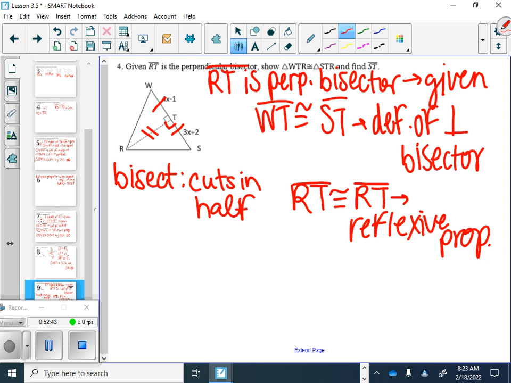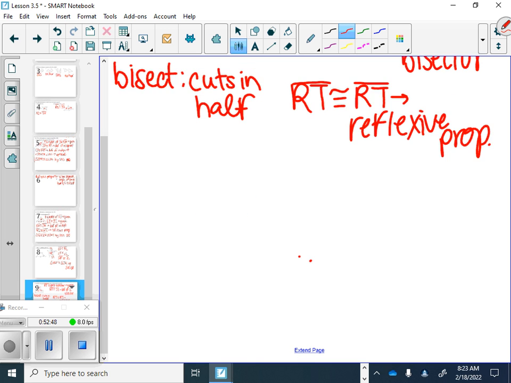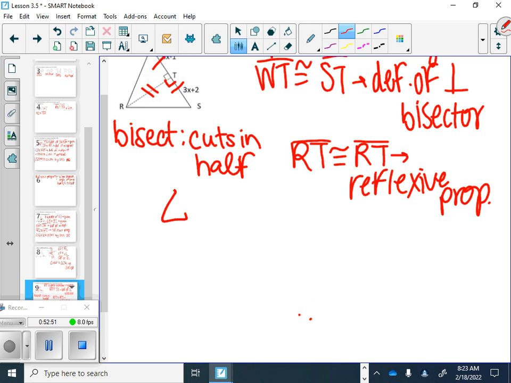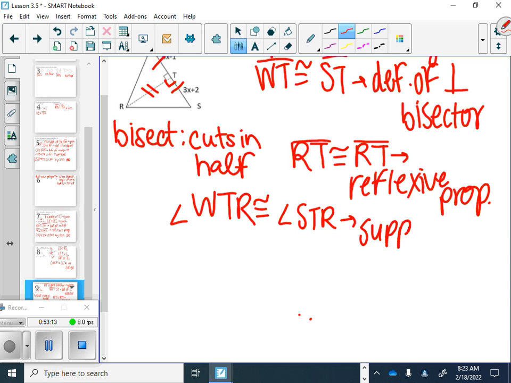If I name this first angle as angle WTR, how would I name the other angle? STR. So WTR and STR are congruent by supplementary. You can say definition of perpendicular bisector, whichever one came to your mind first. To me, I saw the line, so I'm going to say supplementary.